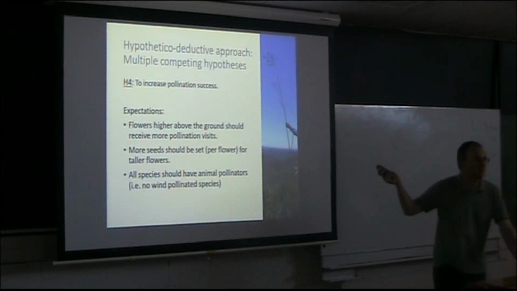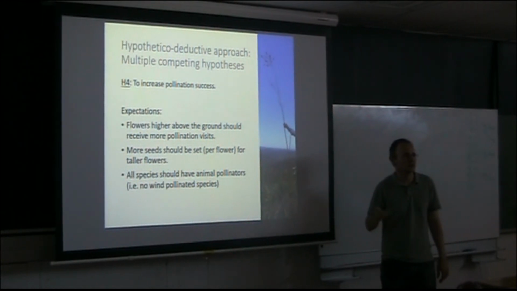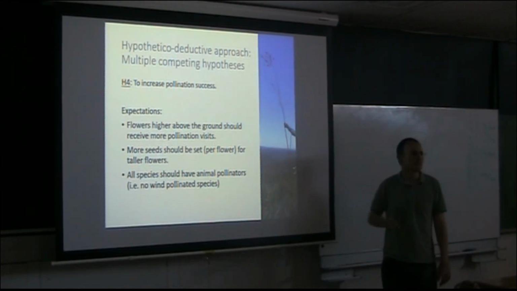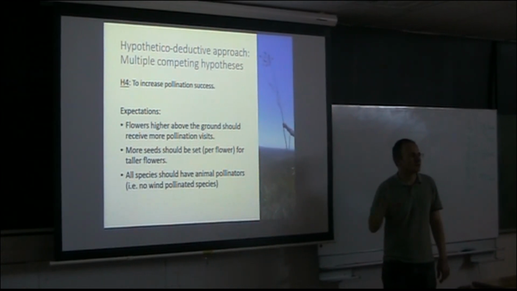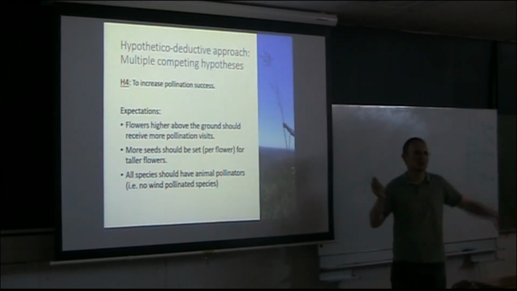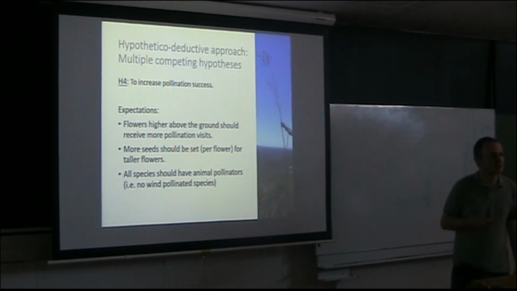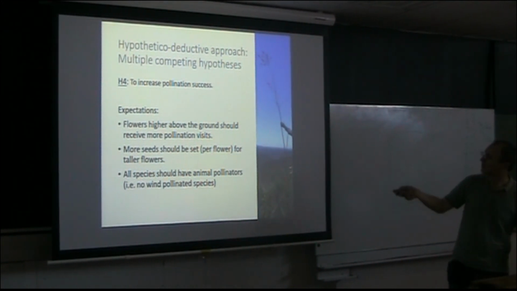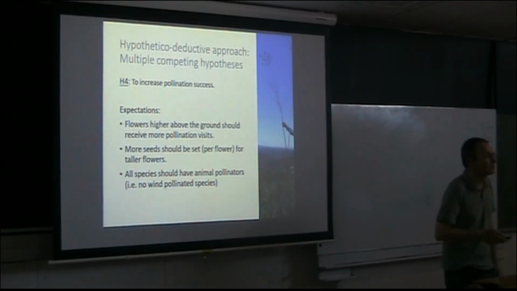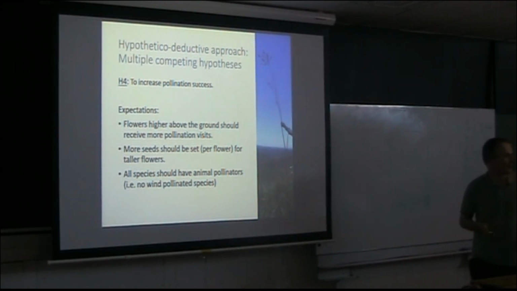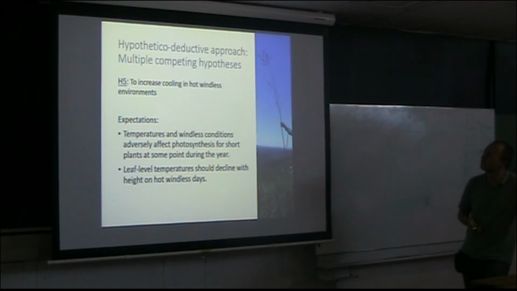The immediate thing that you could rule out for wind pollination is that it would be difficult to produce the amount of pollen to be able to get to another plant, which is possible. So we just got to look at that. But if we do find wind pollination, we know that it's probably not to increase pollination success via animal vectors.